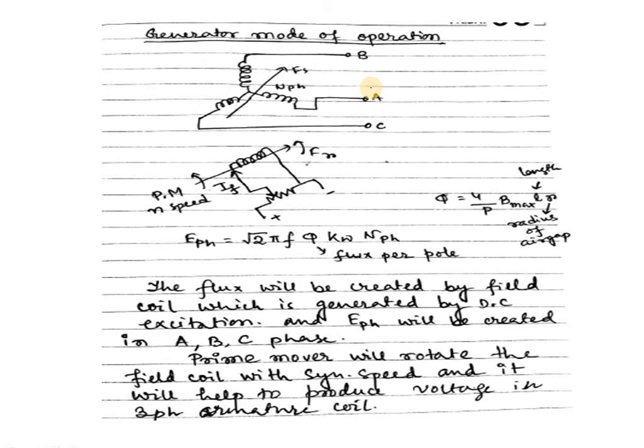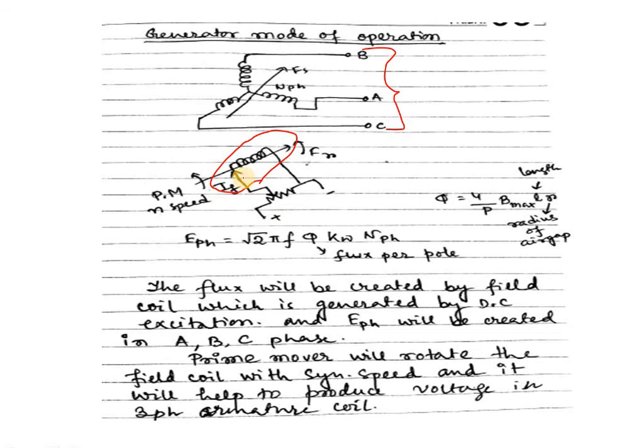Okay, so now the generator mode of operation. Previously I spoke about the motoring mode of operation. Now I am talking about the generator mode of operation. Here we have given the 3-phase supply, A, B and C, and this is the DC supply given.